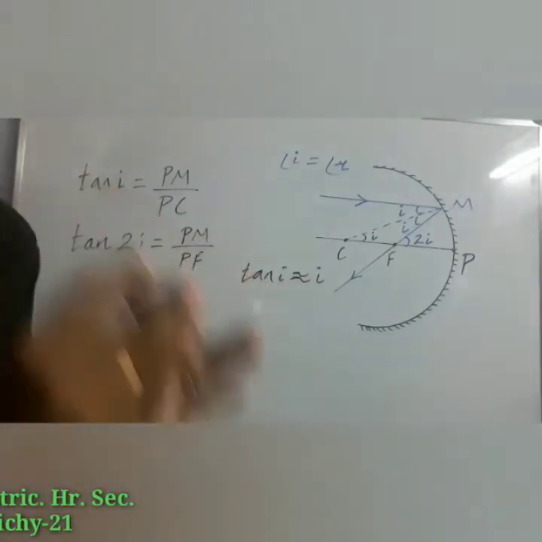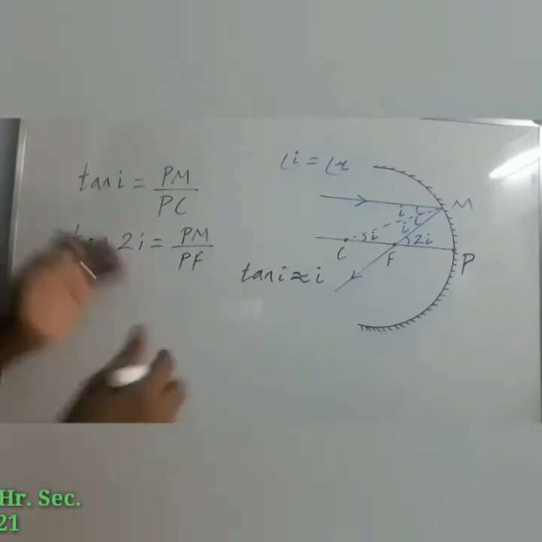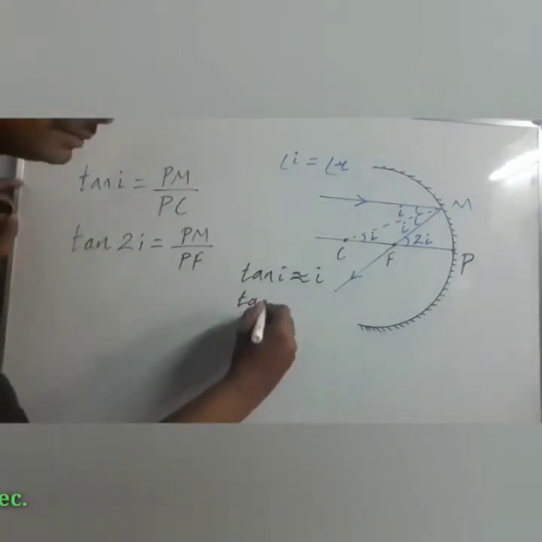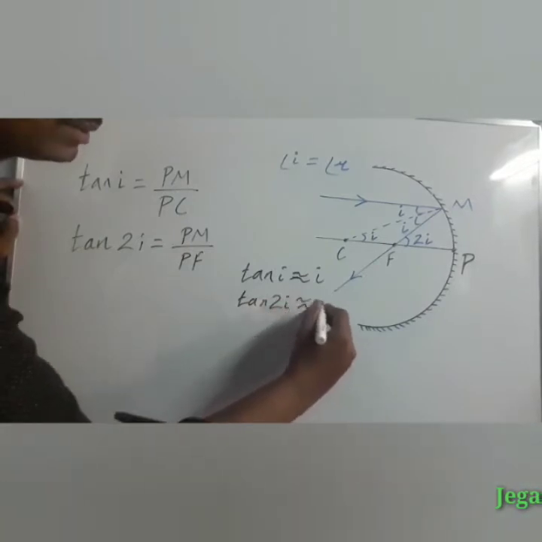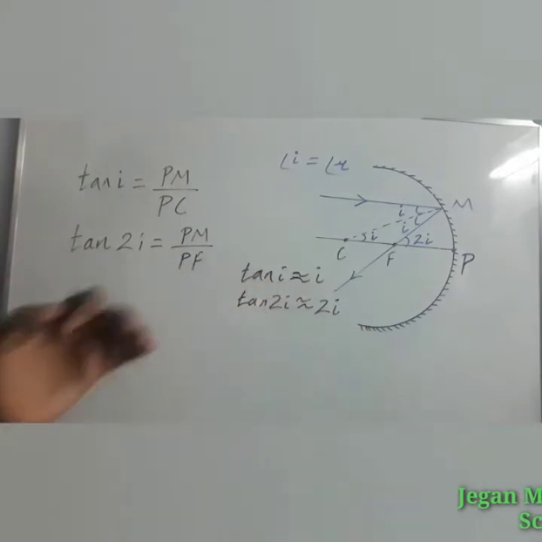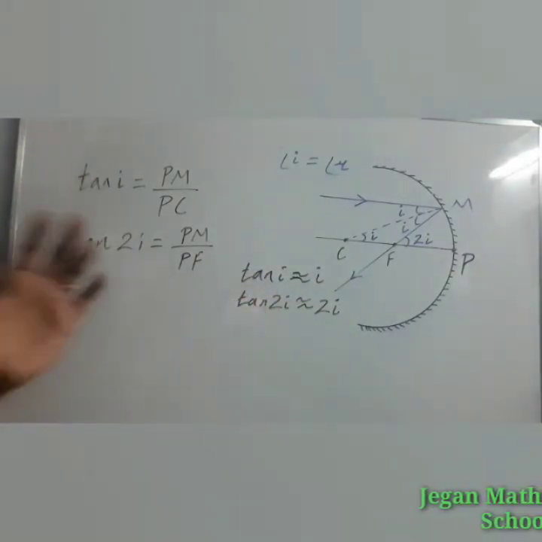If the angle is very small, in sine as well as in tan we can substitute that angle itself. Likewise tan 2I is also approximately equal to 2I itself. Since I and 2I are very small angles, we can write it. So here tan is neglected.